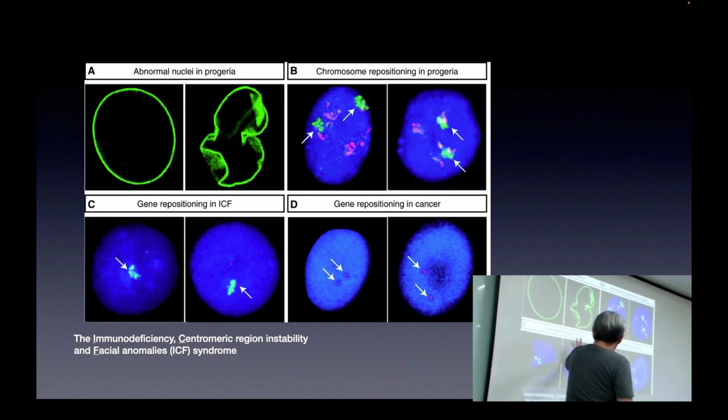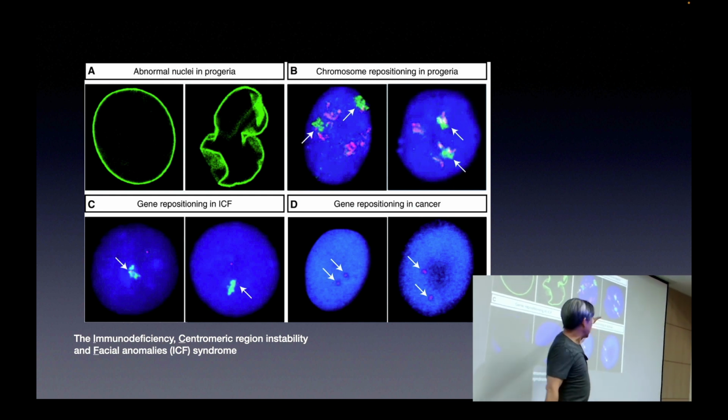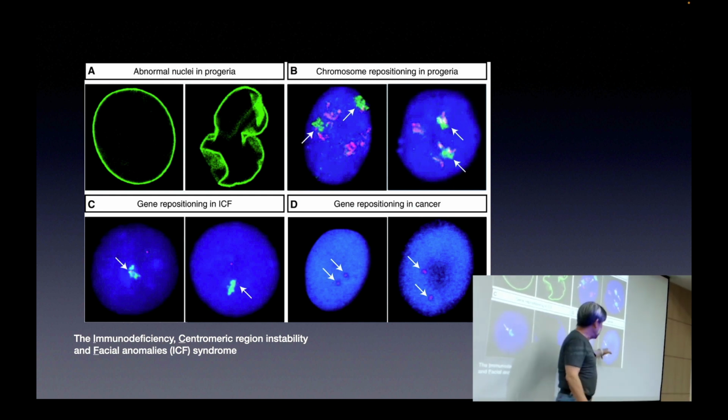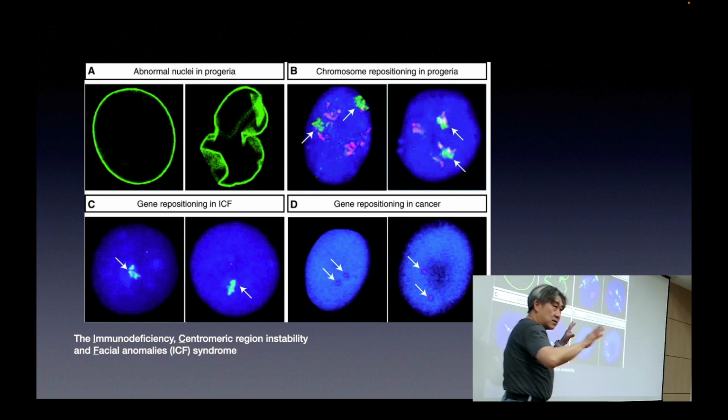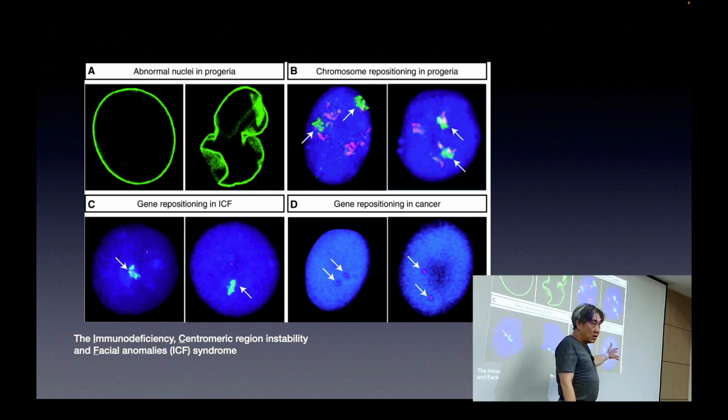And not only in this occasion, but in other cases like cancer and some serious immune defects, the same chromatin territory disruption is also observed.